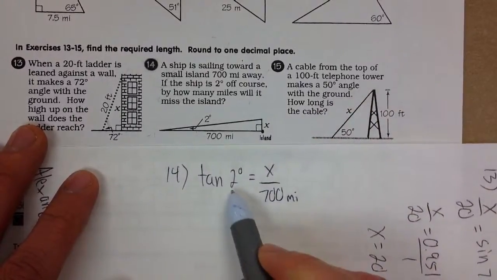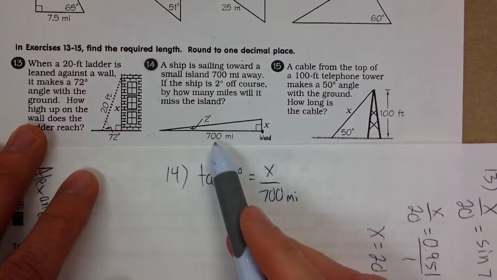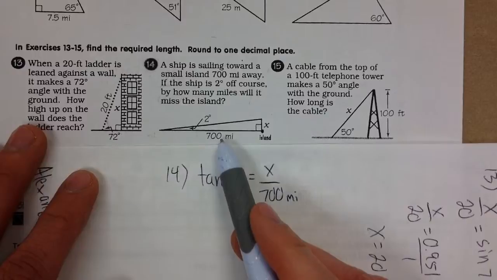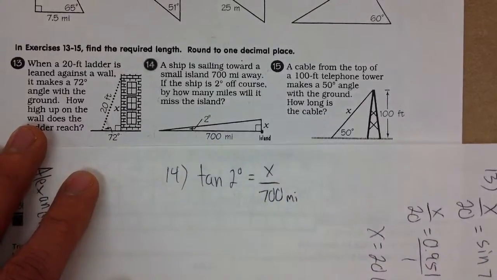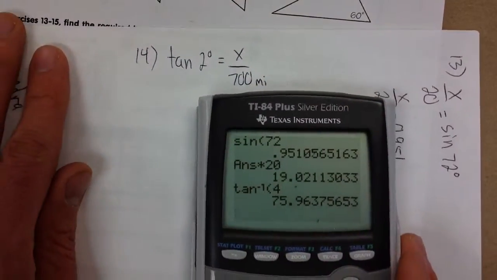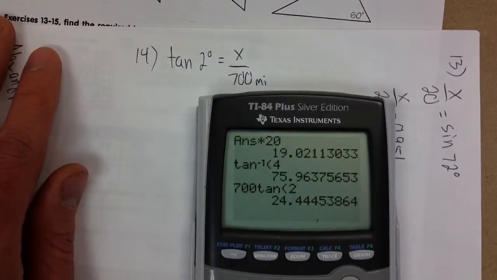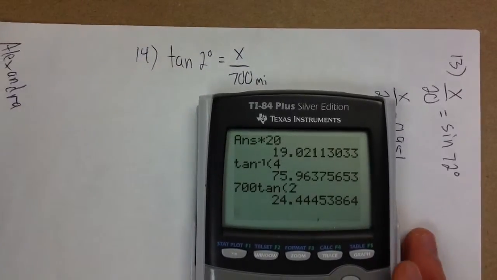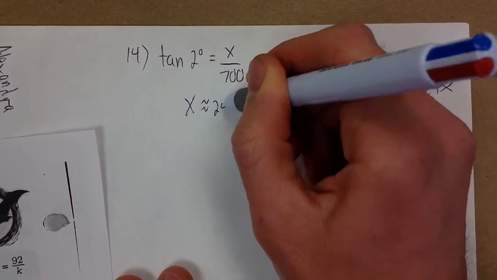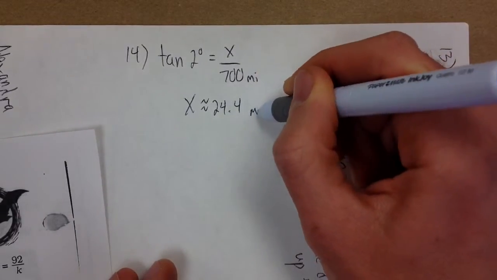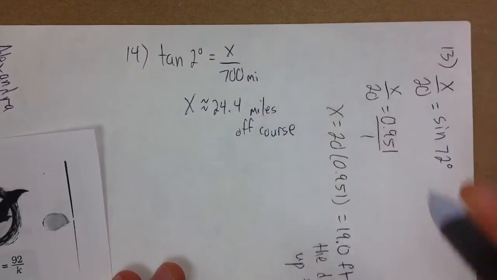You may not think that 2 degrees is big, but if you're talking about very long distances, like 700 miles could be considered that, 2 degrees matters a lot, as you'll see here when you multiply 700 times the tangent of 2 degrees. They end up being 24 miles off course. Okay?